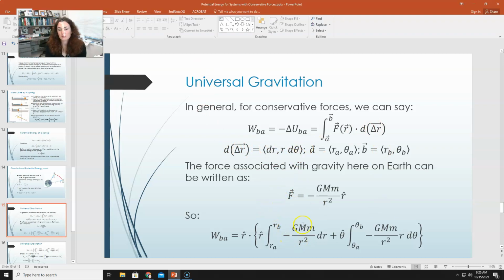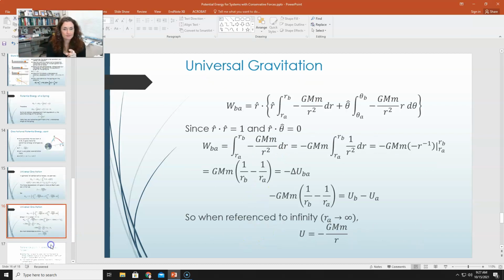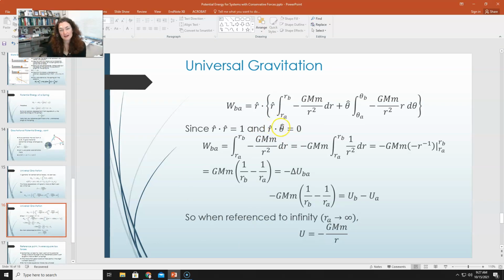And that means that my minus G big M little m over r squared has to move inside the integral for both, okay? However, just like before, we've got to think about what the direction component is for our dot product. So r hat dot r hat, that's 1, right? But r hat dot theta hat is 0 because r hat and theta hat are perpendicular to one another.